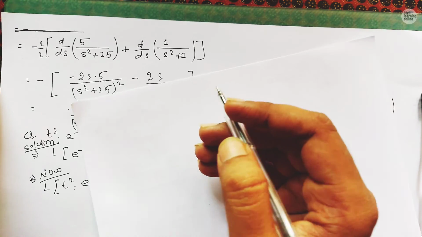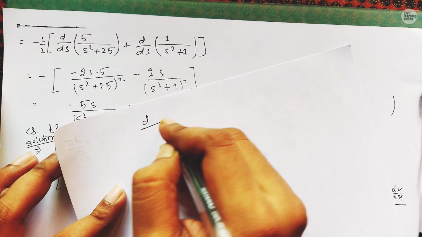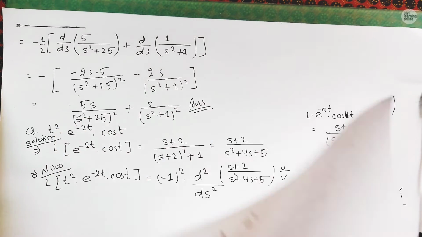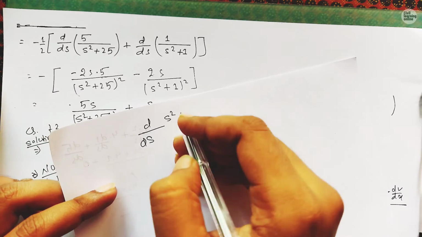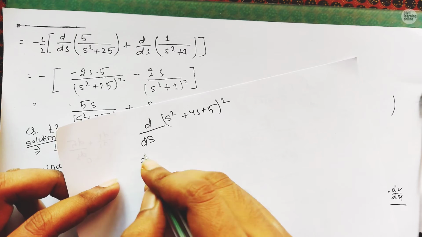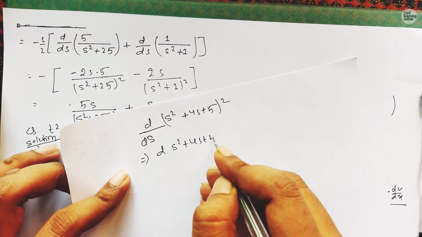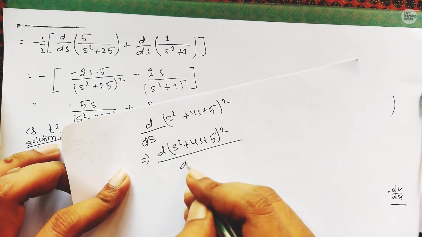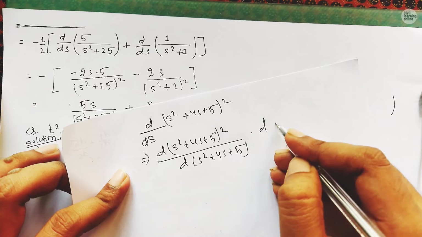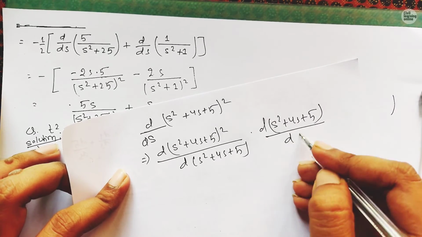We have to find the derivative with respect to s of (s square plus 4s plus 5) to the power 2. So this will be (s square plus 4s plus 5) to the power 2 upon d s square, plus 4s plus 5, times the derivative of s square plus 4s plus 5 upon ds.